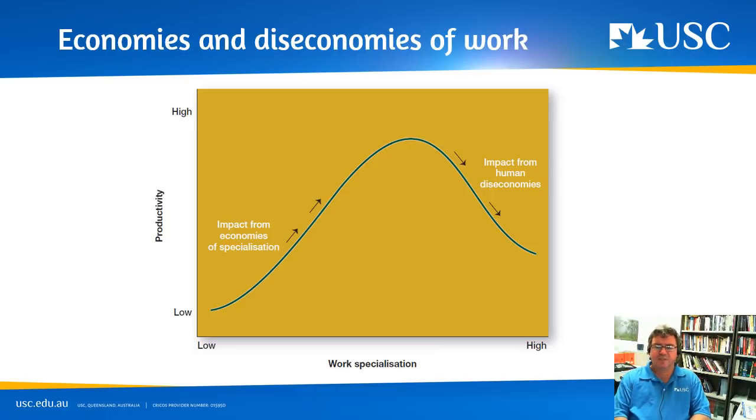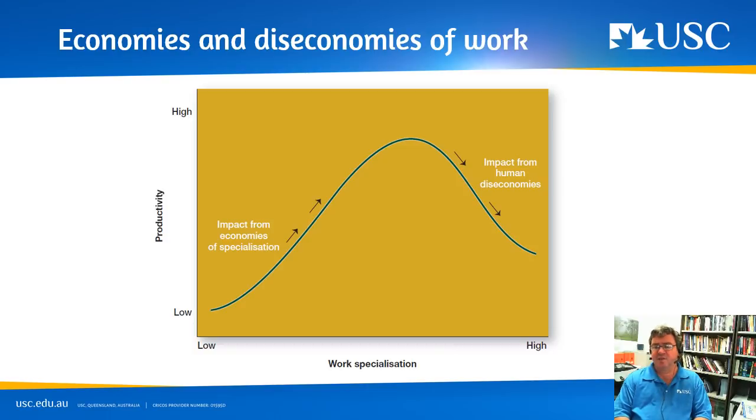This is related to specialisation. So what happens in terms of productivity is as people become more specialised, generally speaking, you get some economies of specialisation, as it says there, which means that productivity increases to a certain point.